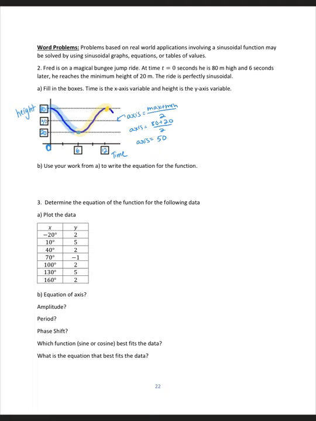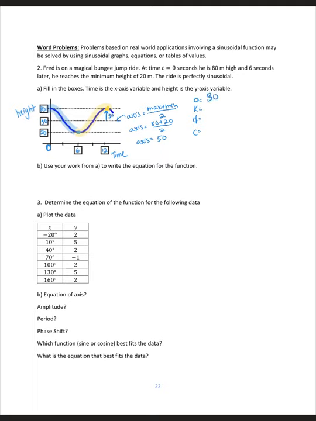Now we're going to use this information to help us come up with the equation. For our equation, we need all those variables we've been trying to find in the previous few lessons: our amplitude, or vertical stretch; our K value, which is our horizontal compression; our D value, which is our phase shift; and our C value, which is our vertical shift. Our amplitude is the distance from our axis to our maximum or our minimum. The distance from here to here is 30.